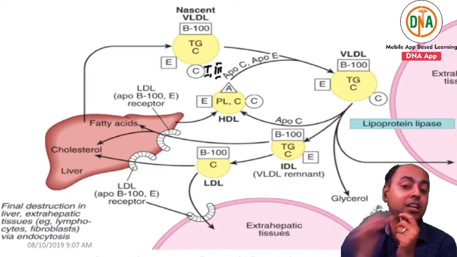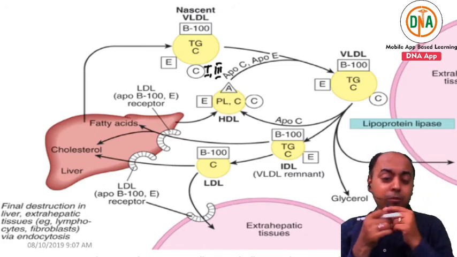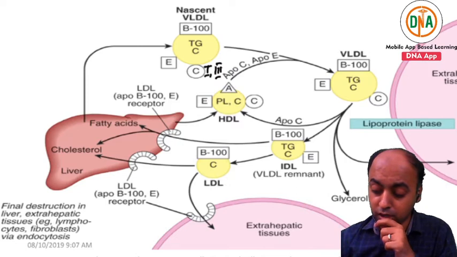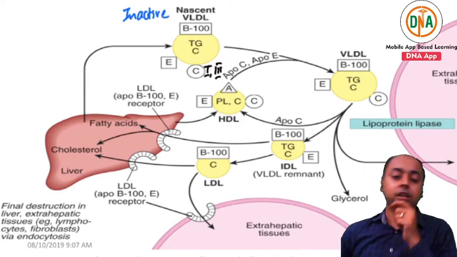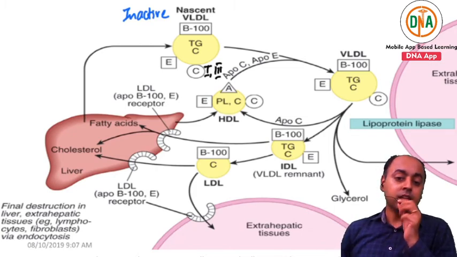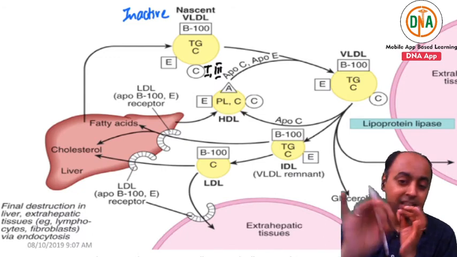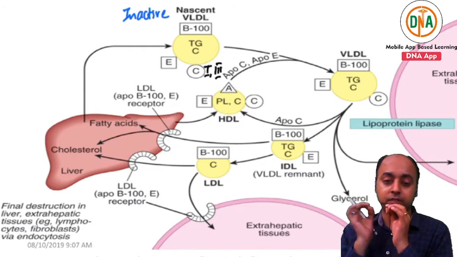In chylomicron we had the B48, here we have the B100, but still the ApoC2 is not there, so we have the nascent VLDL, or in other words the inactive VLDL. The liver will synthesize the triacylglycerol, package it in the form of VLDL and release it in the circulation, where we get the nascent or inactive VLDL.